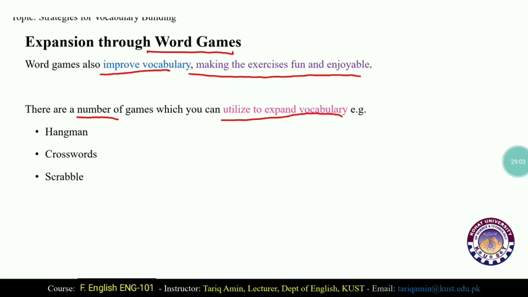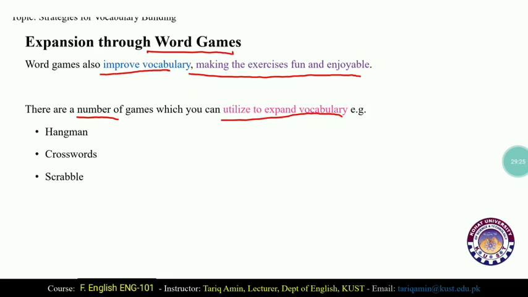From just one difficult word, you would be able to learn 10-15 other words as well. So this is also one of the best strategies to build your vocabulary. You can improve your vocabulary through synonyms and antonyms as well.